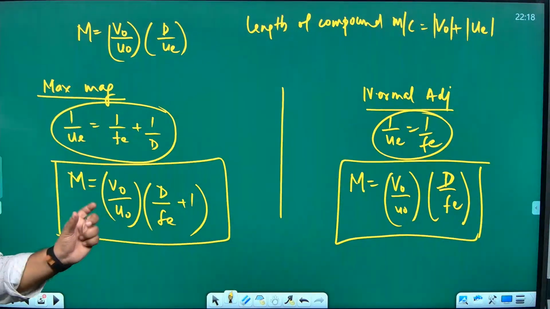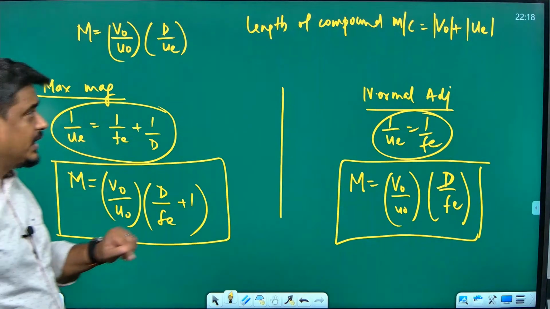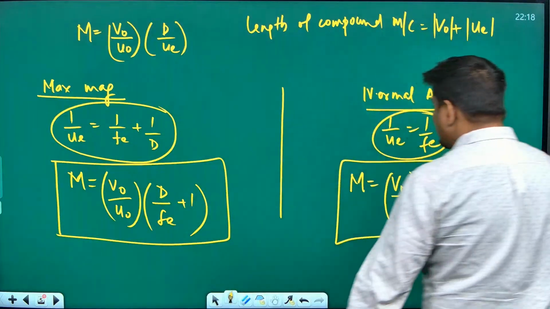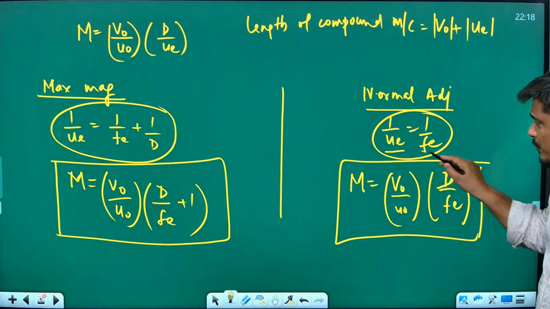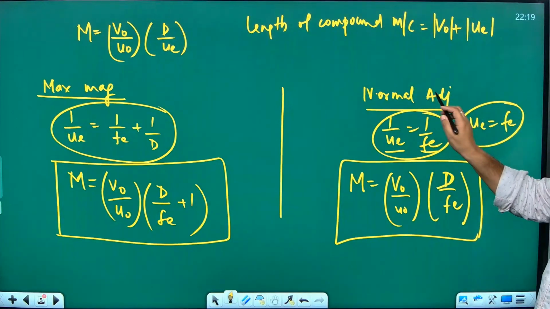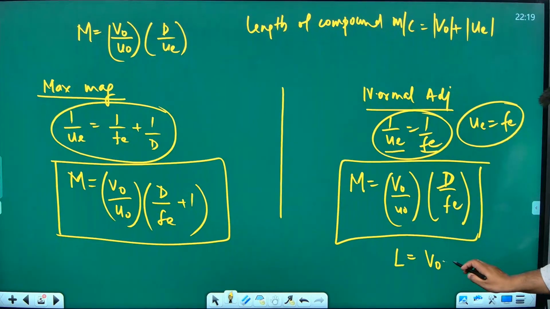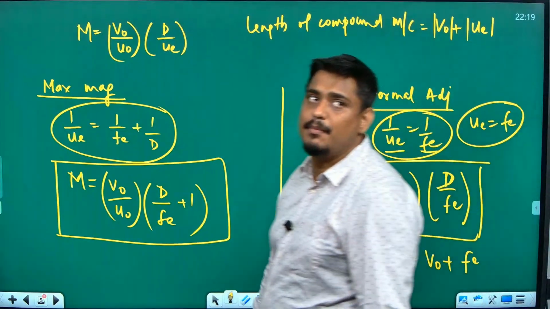If you add Vo and Ue, you get the length. Moreover, you will realize that Ue is also equal to Fe, since 1 by Ue is 1 by Fe. So, since Ue is equal to Fe, for normal adjustment alone, I can take the length as Vo plus Fe also. Remember that.